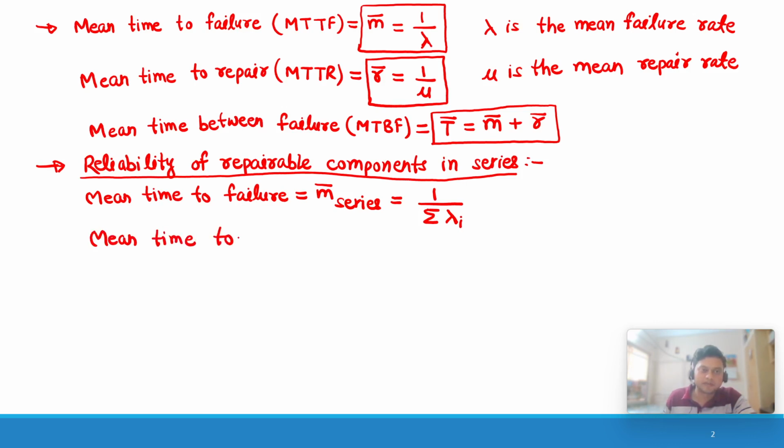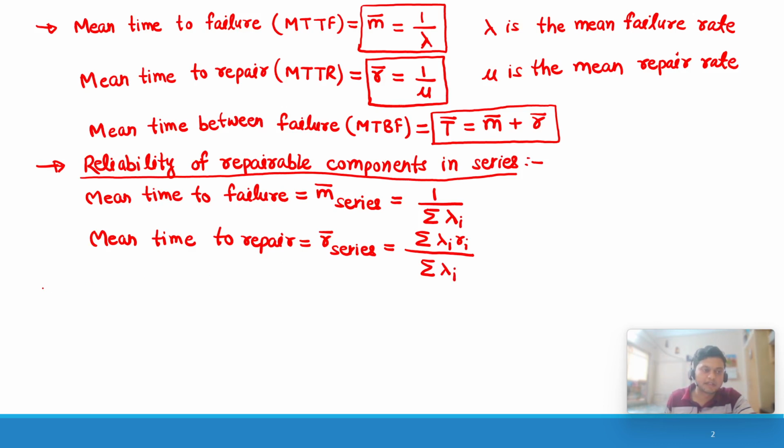Similarly, for finding out the mean time to repair for the system, I can denote it as R bar series. It is the ratio of summation of lambda i r i to the summation of lambda i.